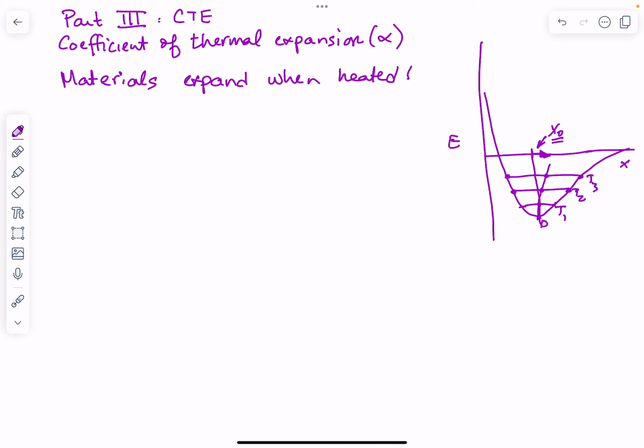So if we were to take a copper bar that was 10.000 centimeters long, and we were to heat it 150 degrees C, we would observe that the bar got longer.